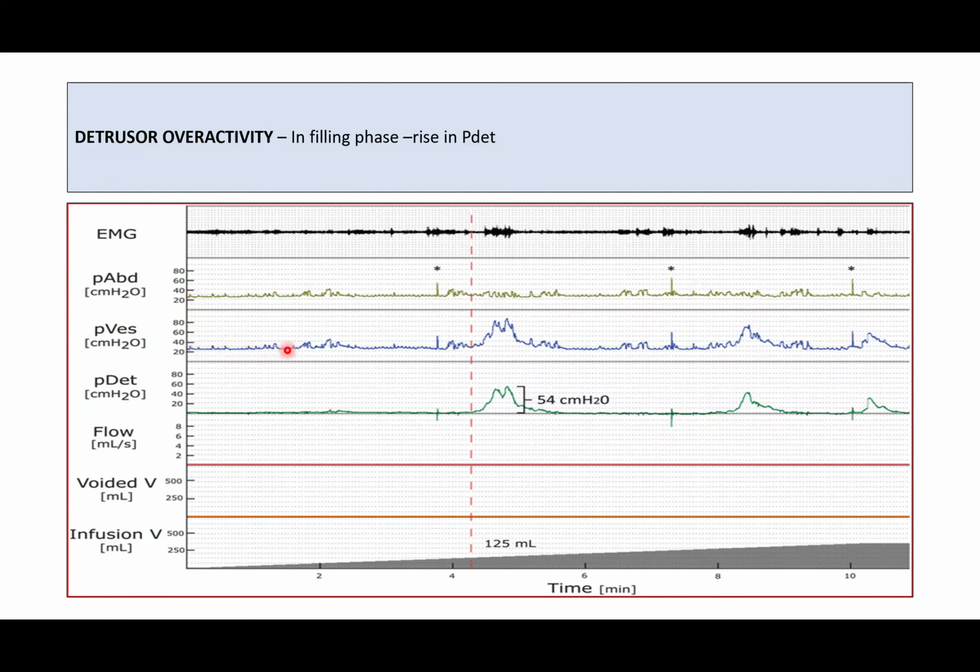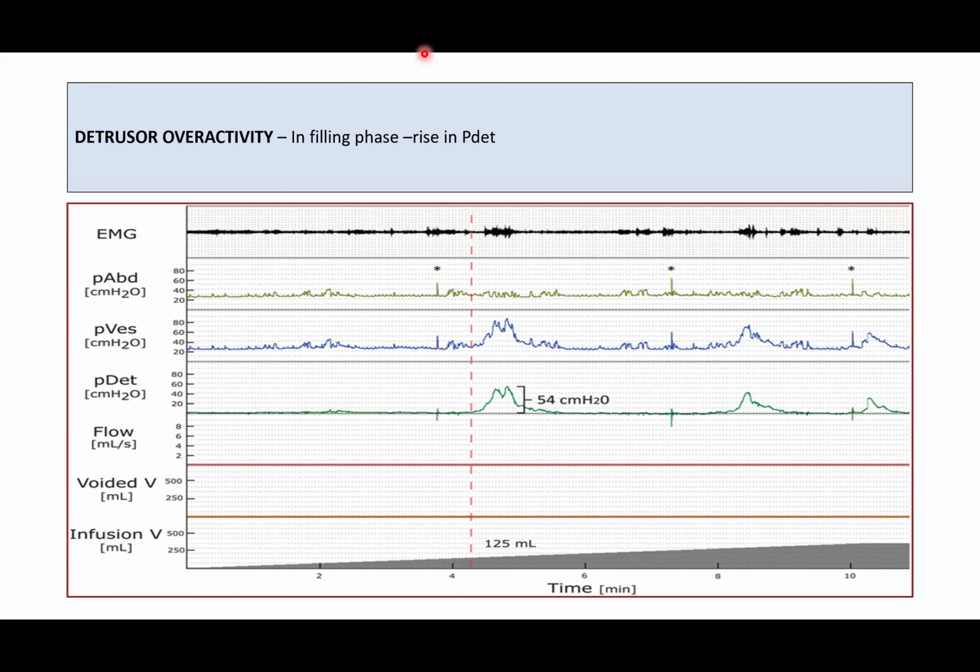Vesical pressure, the blue line, is there any rise? Yes, there is a rise. And when is that rise? With the detrusor contraction. So here is the detrusor contraction in the filling phase. It is more than 15 centimeters of water. So again, check for any leak. Is any leak mentioned? No. So this is simple detrusor overactivity in the filling phase. Okay, fine.